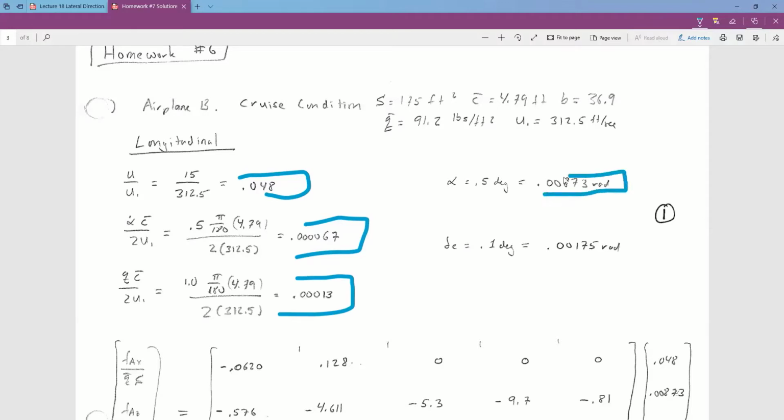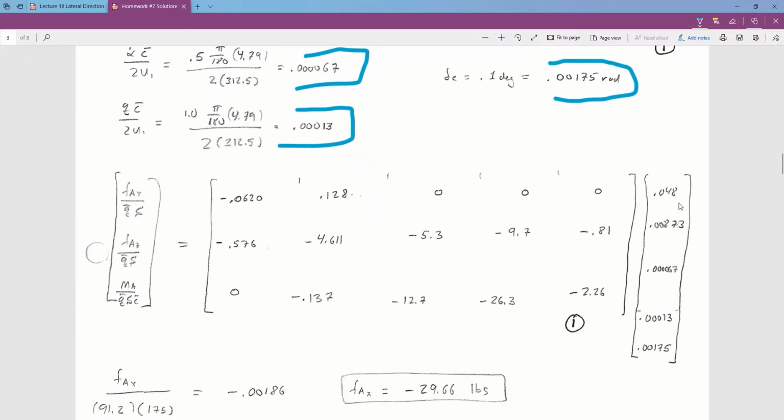And we need alpha in radians and delta E in radians because the data in the back of the book is all in radians. So those are the values that go in the right hand column vector in the matrix. They're copied in this column here.